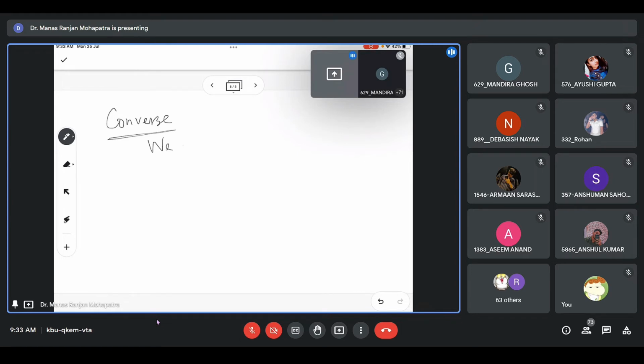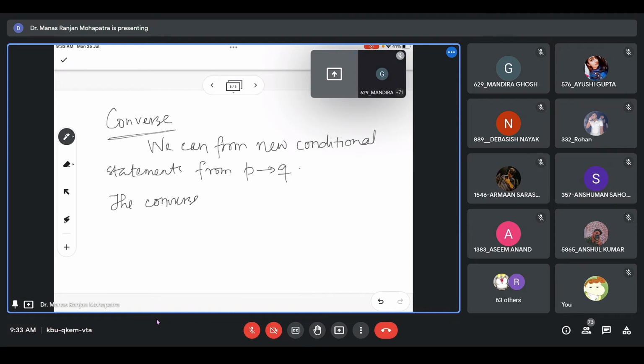So we can form new conditional statements from P implies Q, and one way is the converse. The converse of P implies Q is Q implies P. This one is a converse.